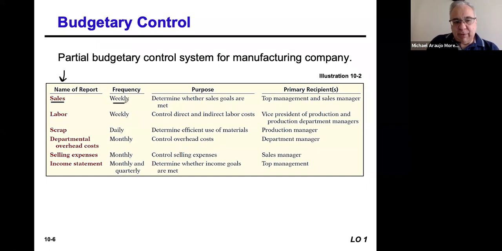Most of the time, those sales budgets are reviewed weekly. And they're reviewed certainly by top management that needs to know about the revenue picture, and your sales management. Okay. For other reports like labor costs and your labor budget, that's also going to be quite frequent, usually weekly.